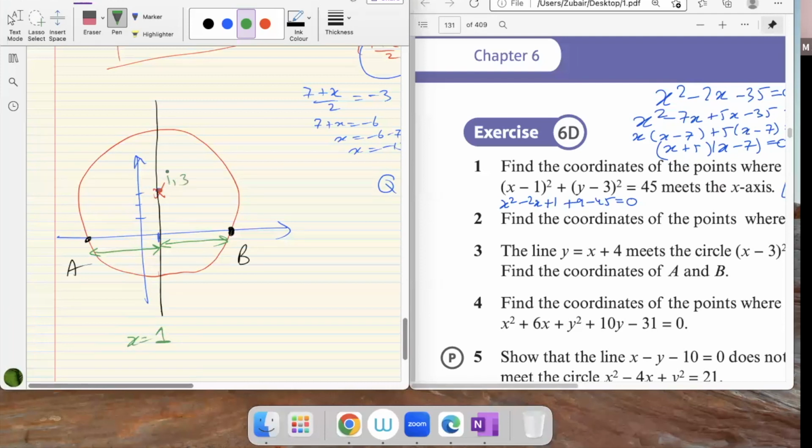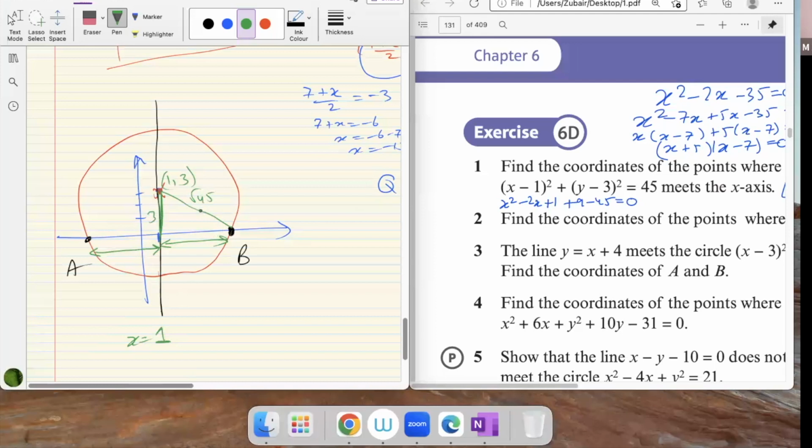This is 1, 3. And if I look for the radius, it is square root 45. So this is square root 45, and we know that this length is 3.